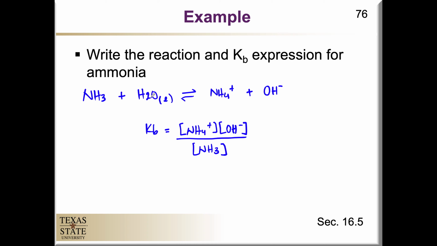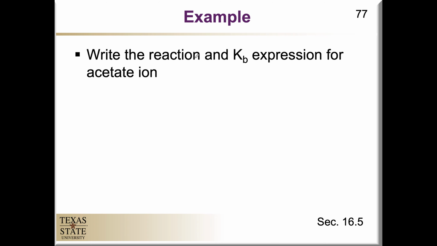Now I'll go ahead and mention that you could have also written this equation by just using the letter B for base, that would have been okay, plus water, forming HB plus or BH plus, I don't care, as long as you had an extra hydrogen and a charge associated with that, and then hydroxide ion.